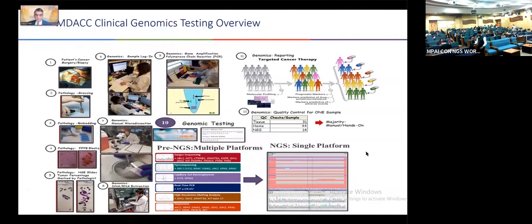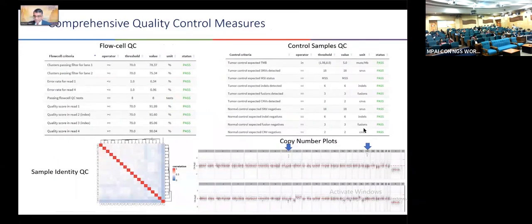Here are some examples of how these complex platforms are carefully evaluated and placed in production using a large number of QA/QC steps that are carefully implemented, monitored, and optimized. Here is the number of QA/QC steps performed on different workflows, and this number is even bigger now. We've also implemented the same thing at the informatics level.